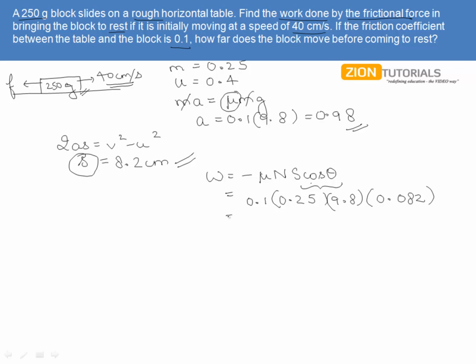Solving it further, we get the value minus 0.02 joules, giving us the work done of this problem. But actually we needed to find out how far the block moves before coming to rest. This is this distance, 8.2 centimeters.